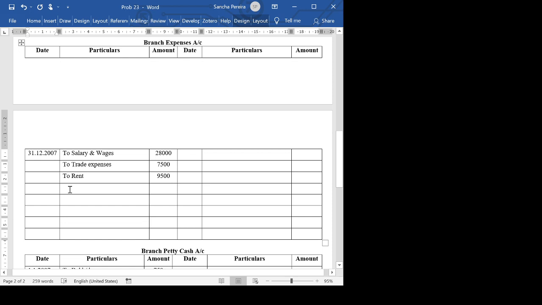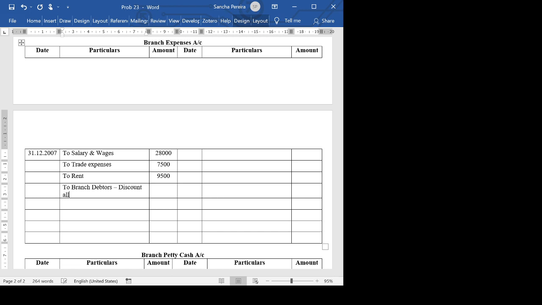So two branch debtors, we had discount allowed, we had some allowances, and we also had bad debts.